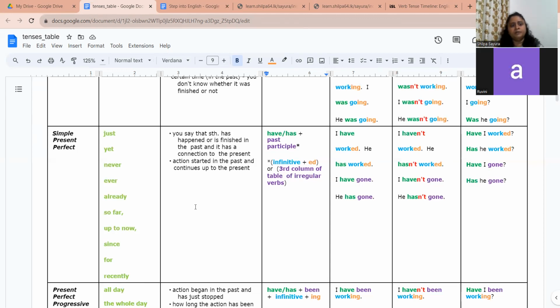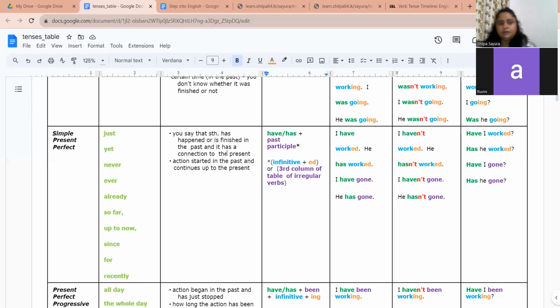Okay, so you see these words are pretty much important when you talk about present perfect. If there are just, yet, never, ever, already, so far, up to now, since, for, recently, if these signal words are there in a sentence, then you have to be a little careful whether it is present perfect tense.